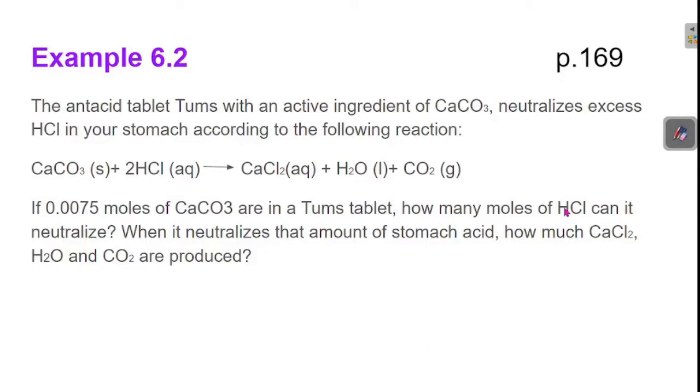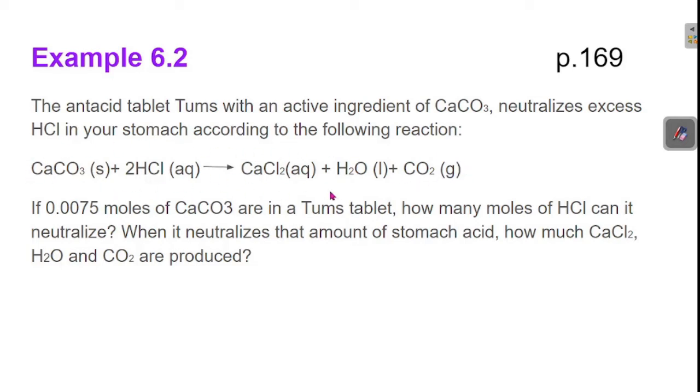Okay, let's do example 6.2 on page 169. So it reads as follows. The antacid tablet Tums with an active ingredient of calcium carbonate neutralizes excess hydrochloric acid in your stomach according to the following reaction. They are giving you a balanced chemical equation, so if it's given to you, you don't have to worry about balancing it.